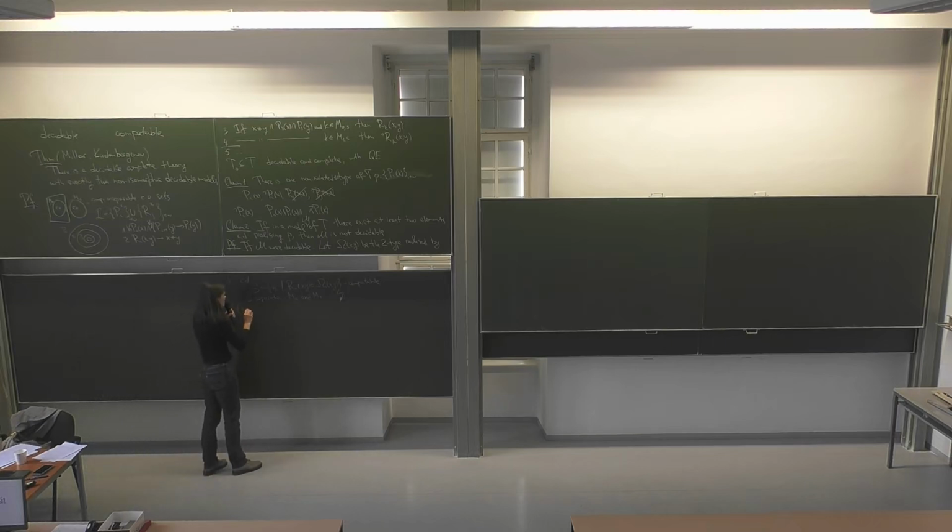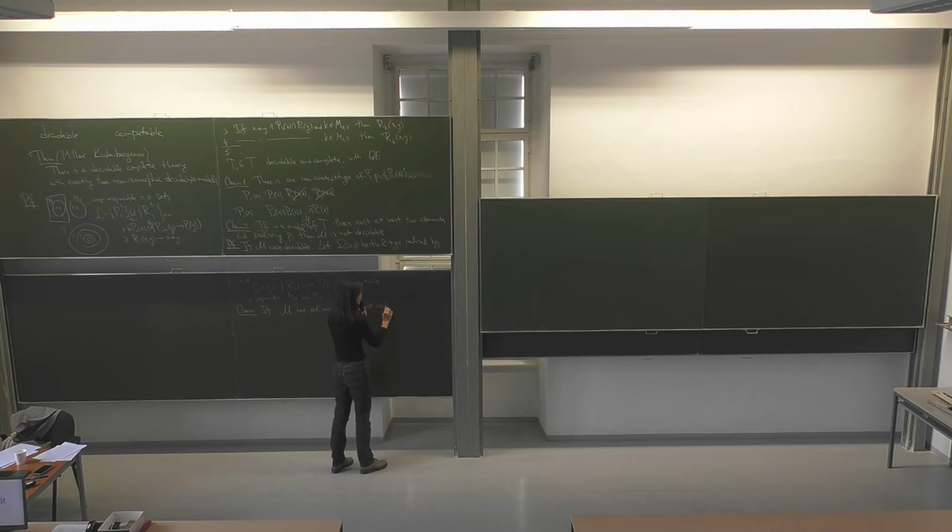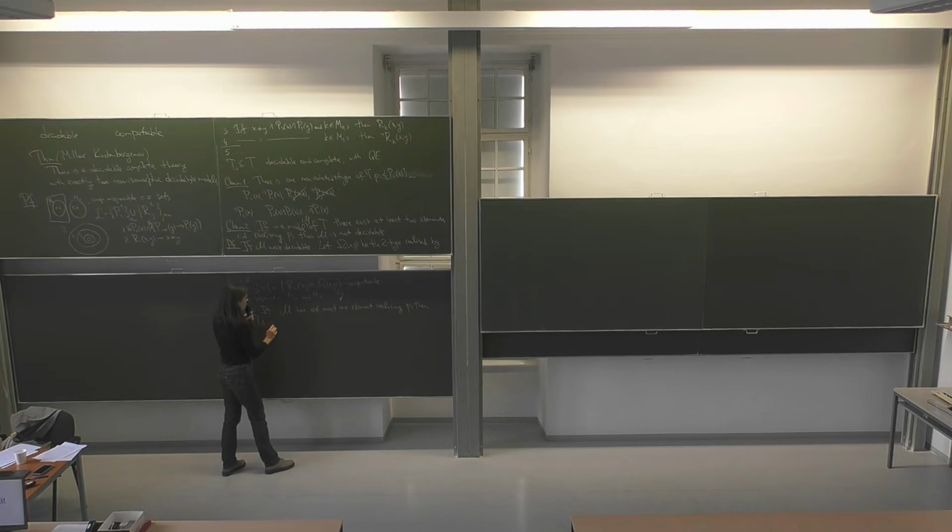Okay, so the next claim. If M has at most one element realizing this type P, then it is decidable. Well, why is it so?